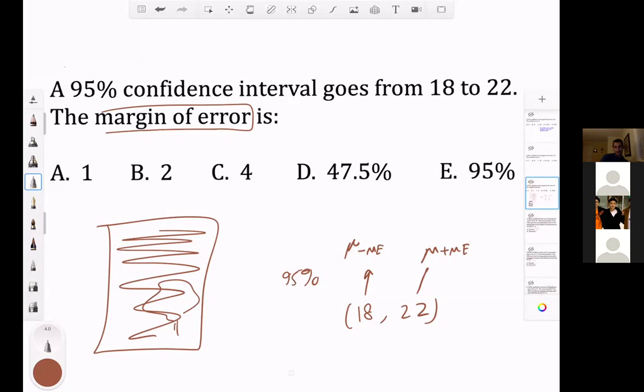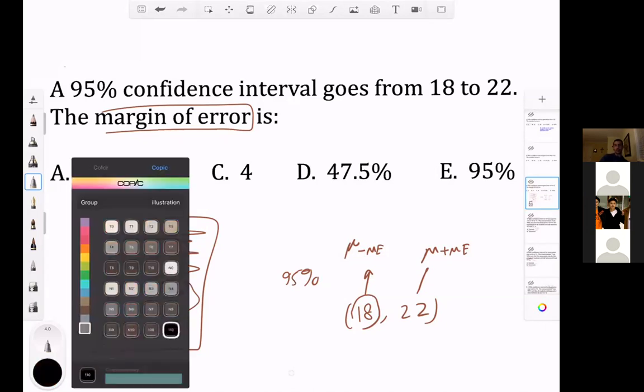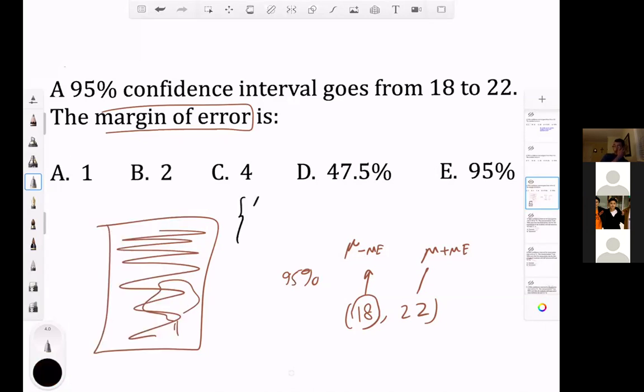The parameter minus margin of error gives us the lower bound, and the parameter plus margin of error gives us 22. How do we solve it? We can use 2 equations, 2 unknowns: mu minus ME equal to 18 and mu plus ME equal to 22.